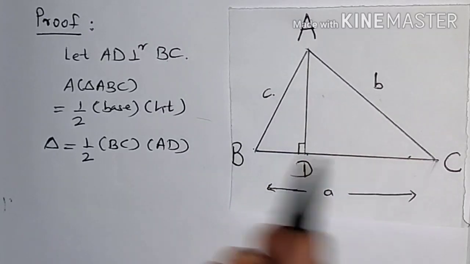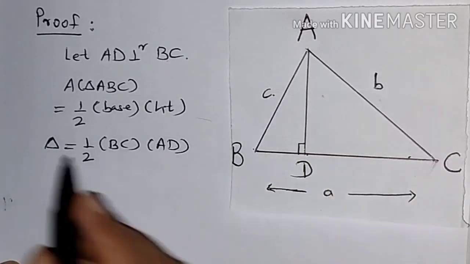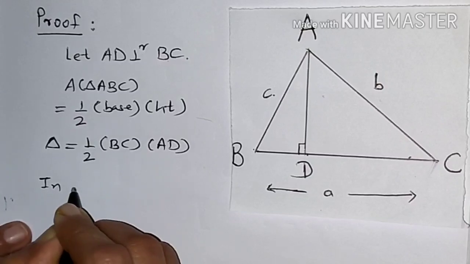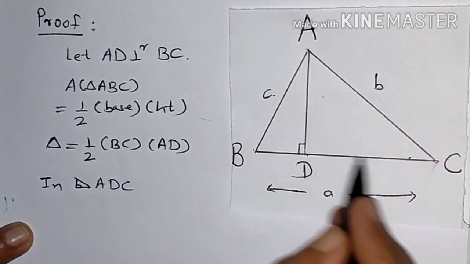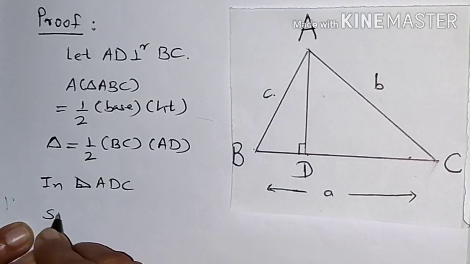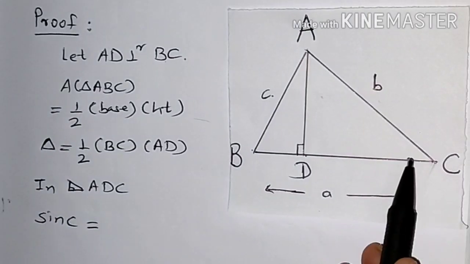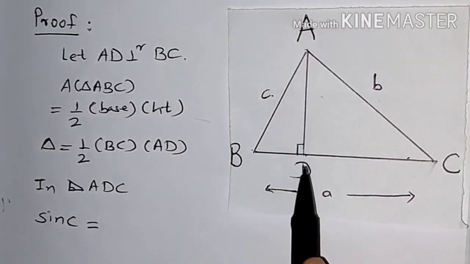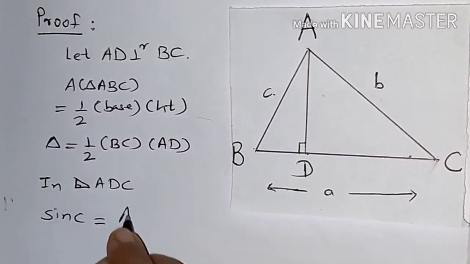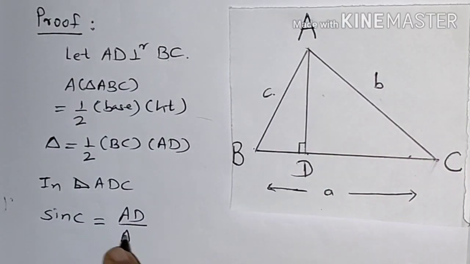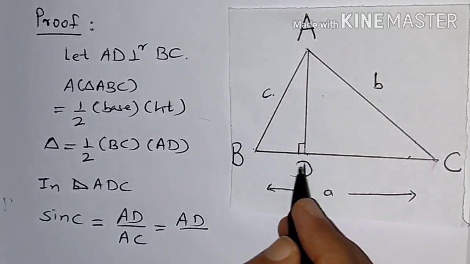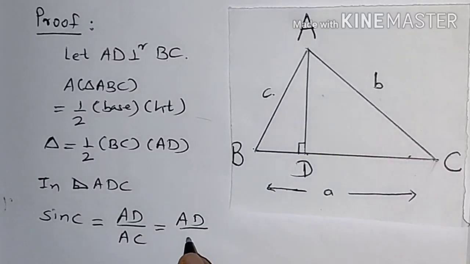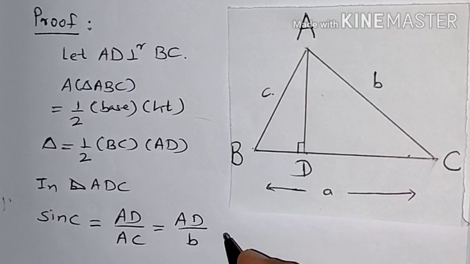Now if we consider this right angle triangle ADC, so in right angle triangle ADC, we know that sine C is equal to opposite side, that is AD upon AC. So sine C is AD upon AC, which is b.